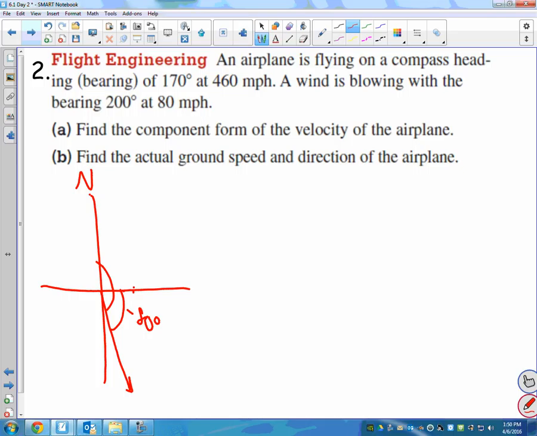I was going to say, in second hour, what seemed to make the most sense after we spent a long time on it is if this is 170 degrees measured from here, we have to measure from here. So we basically just want to take 90 off of it. So we just subtract 90 from that. What does that get you? But you have to remember that it's negative because we're going in that direction.